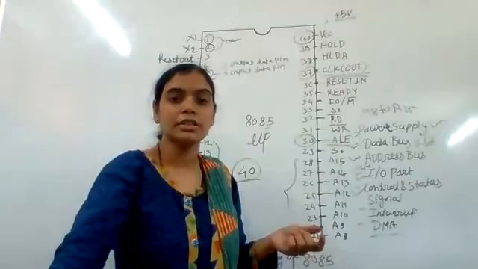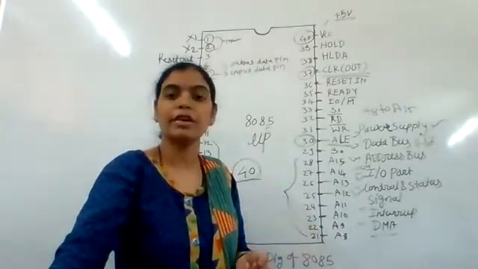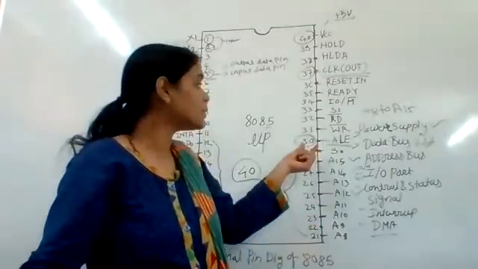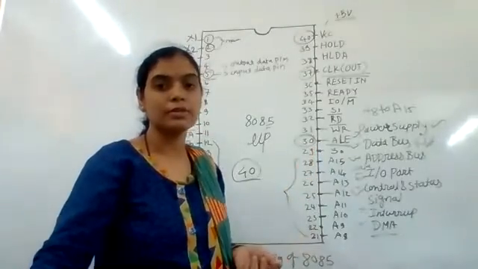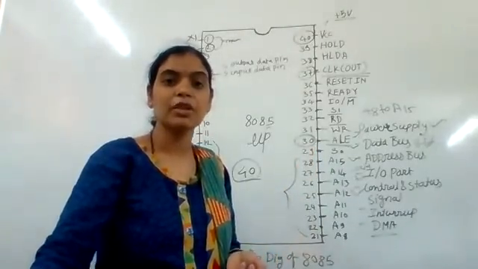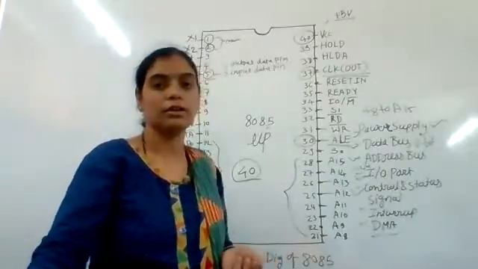Otherwise, it gets disabled in the absence of an address on the bus. So the ALE is the Address Latch Enable, pin number 30.